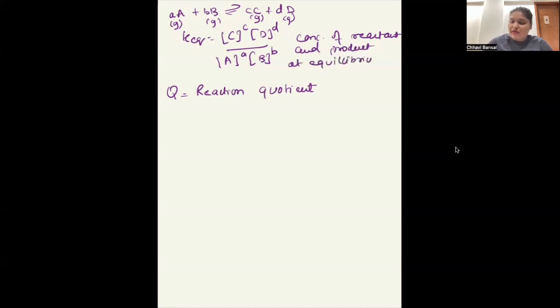Now, what if we have to calculate a constant or a number before and after equilibrium?